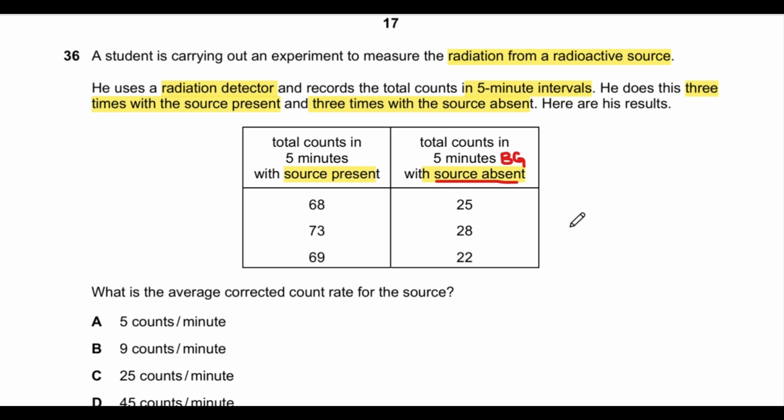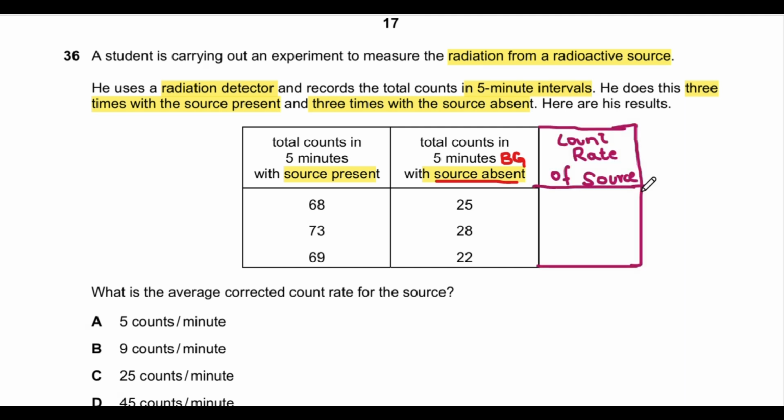If we want to get the radiations only from the source material, we will make a third column and subtract background radiations from the data which contains both background and source radiations. It is 43, 73 minus 28 is 45, 69 minus 22 is 47.